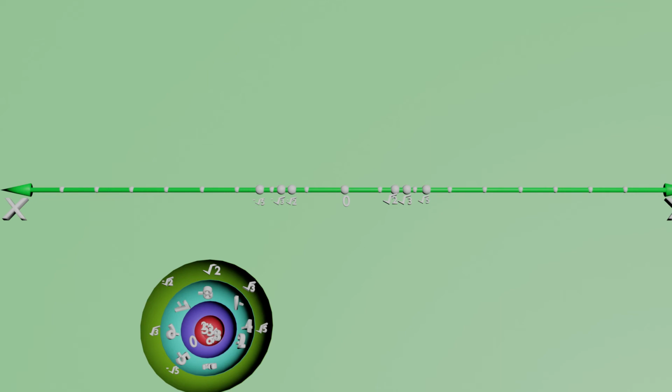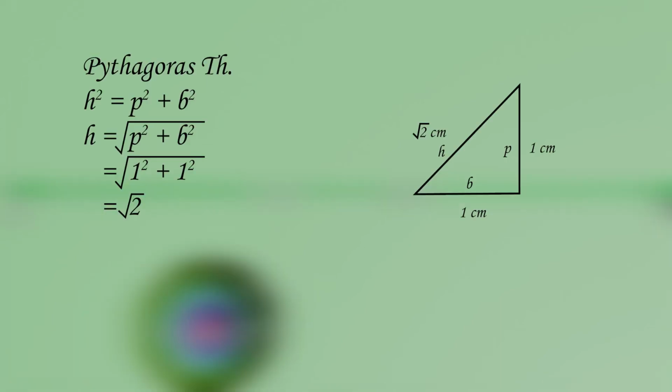You must be wondering how irrational numbers like under root 2 can be measured. This comes from Pythagoras theorem. Putting the respective values of perpendicular and base in the given equation, we got hypotenuse as under root 2, and thus the length of the hypotenuse is under root 2. In a similar way, we can measure other irrational numbers.